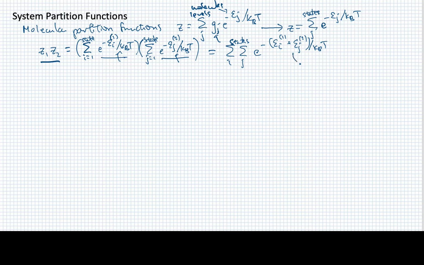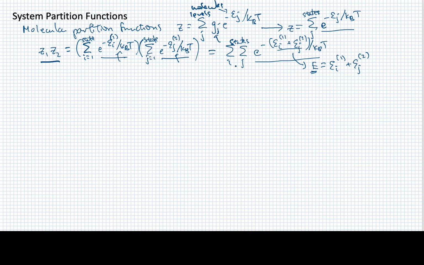But the thing that I've gotten out of this is the sum of these two energies, and I could in fact claim that that sum of those two energies is the system energy for those two molecules. So in effect what I've gotten is an expression that's very much like the expression that I had here for a single molecule. But the thing up here in the exponent is the system energy, not the energy of an individual molecule.